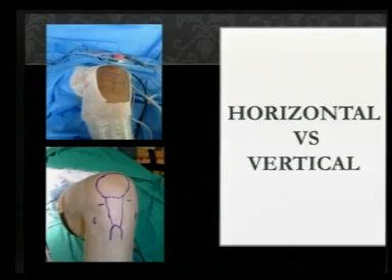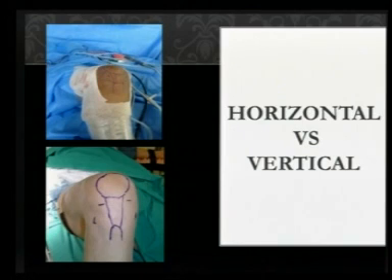When you make this anteromedial portal or any other portal, should that be a horizontal or vertical cut? There is a lot of evidence to say that horizontal cuts are very cosmetic, and once you heal, you cannot figure it out. But on the other hand, especially for beginners, when you make a portal slightly higher or lower, you cannot extend it, you have to make an additional portal.